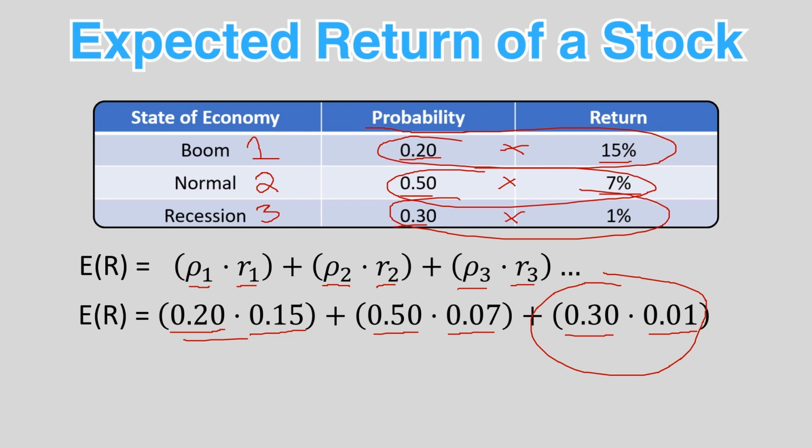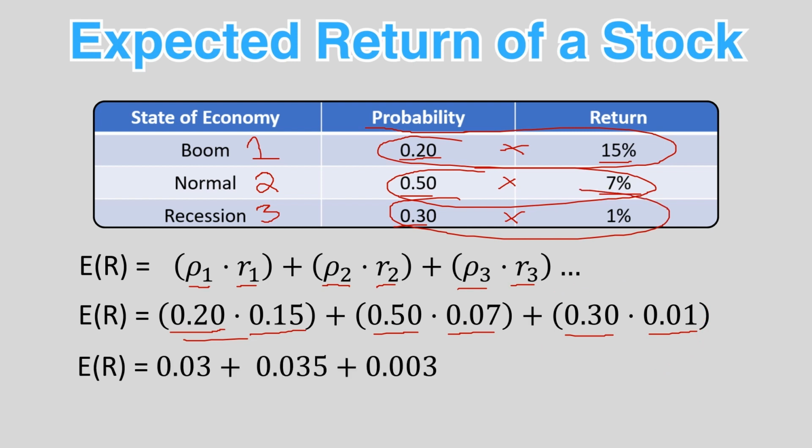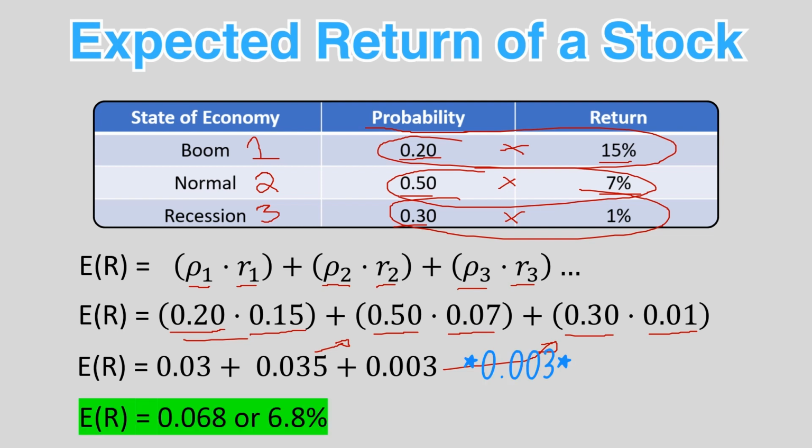Now we can simplify this, and we get 0.03, which is just the 20% times the 15%, plus 0.035, which is that simplified, and 0.003, which is just 0.30 times 0.01. And then we can simplify this. 0.03 plus 0.035 plus 0.003 gives us an expected return of 6.8%.